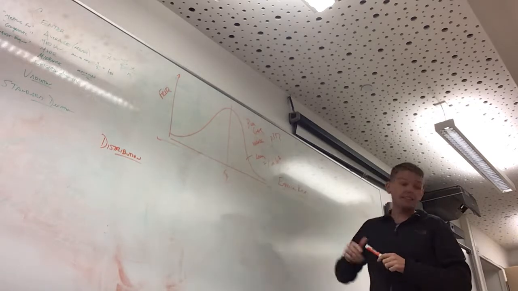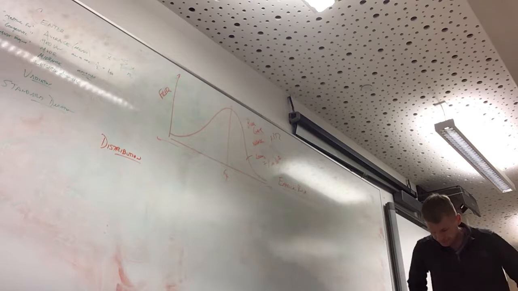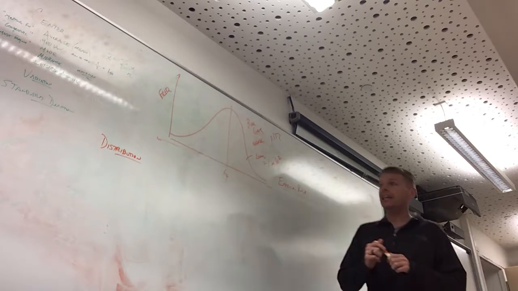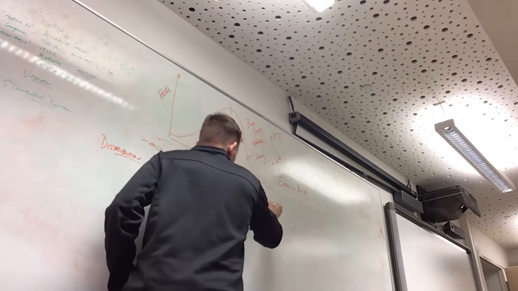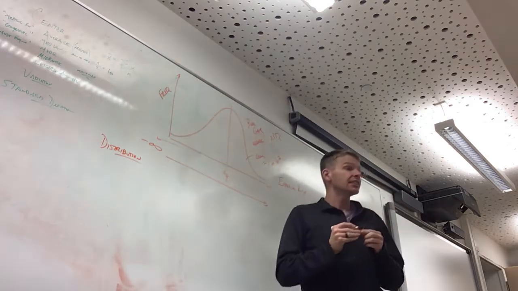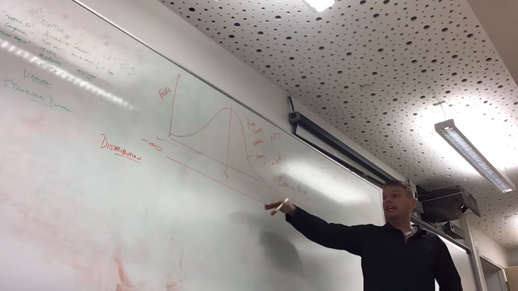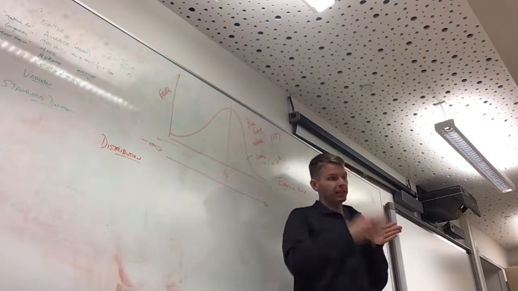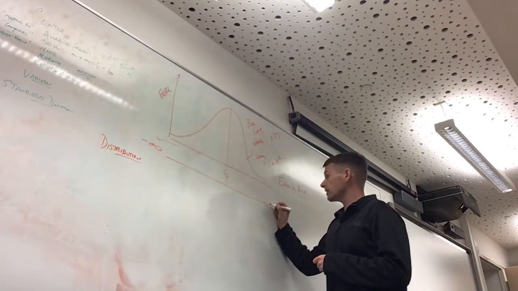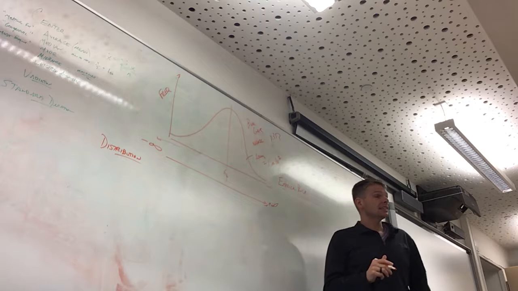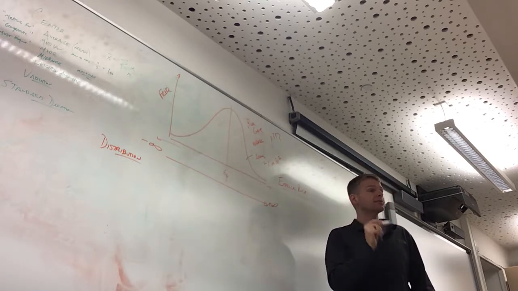When we talk about the area under the curve being equal to 1 or 100%, think about it in terms of this. If I could start at negative infinity, the most negative number you can go, and count every data point, next one, next one, next one, and go all the way to positive infinity, I will have counted every single data point that is possible.